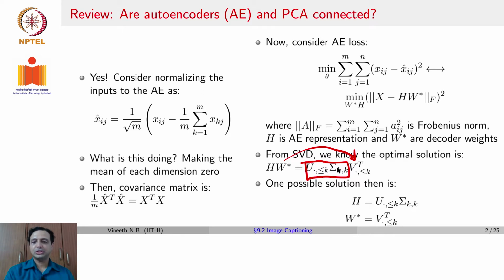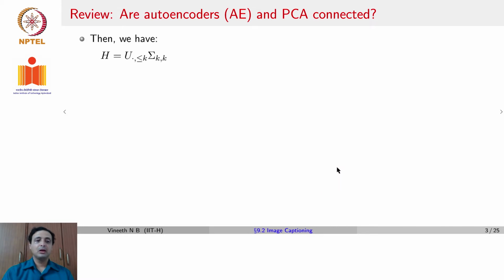So if you considered H to be U sigma, considering only the k columns, H can be written by multiplying by x transpose into x transpose inverse, which we know is identity. We're just taking the expansion of H and multiplying by identity, given by x transpose inverse.